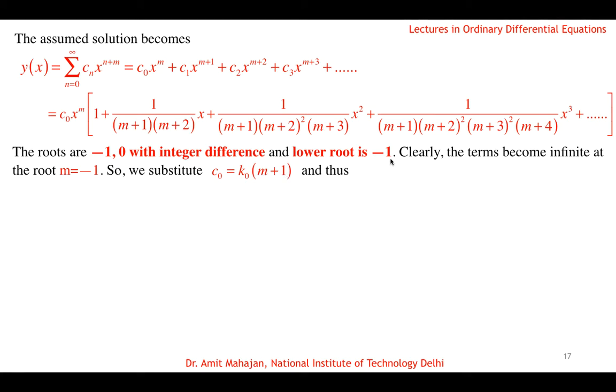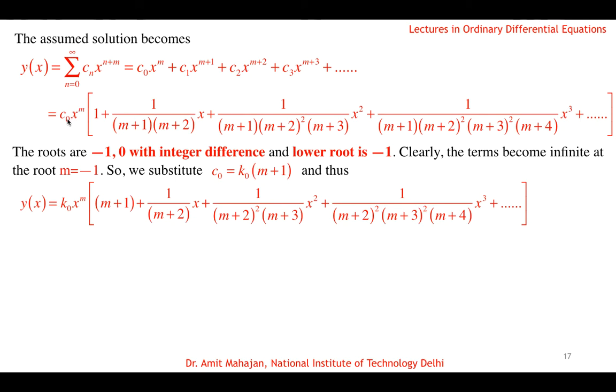Since m minus minus 1 is m plus 1, we put c naught as k naught times m plus 1 and substitute this in the equation. That m plus 1 goes inside, and everywhere m plus 1 cancels out. So now no term becomes infinite when we substitute this root.